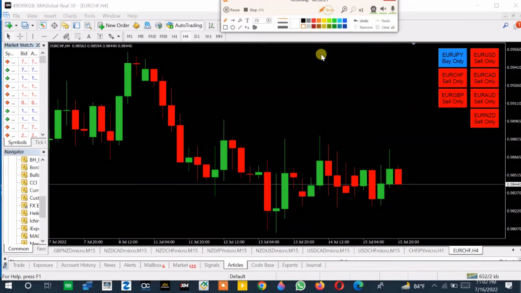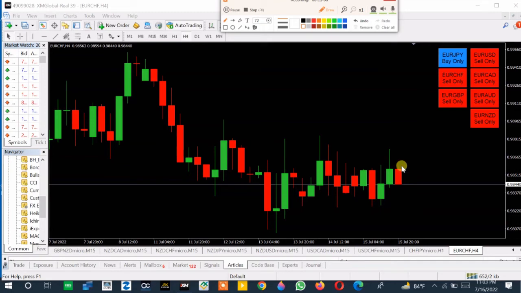From this Euro CHF, same process. The 0:00 server time candle starts and closes at 4:00, and this candle closes at 8:00, that means 7:59.